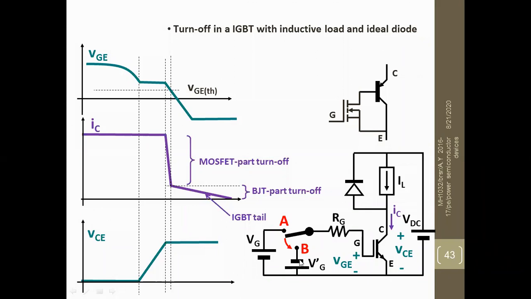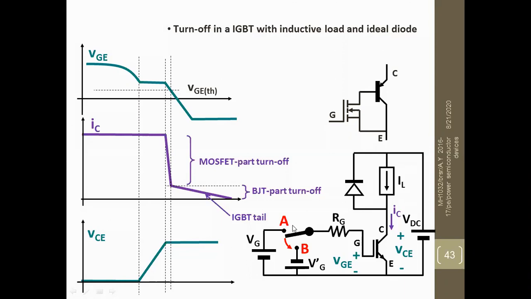By changing from A to B: at A it is in the switch on condition, because the VG potential is positive and higher. When the switch is at A position, VG is more positive, so the switch is in a turn on position and the load is running by closing the switch with respect to the gate control.